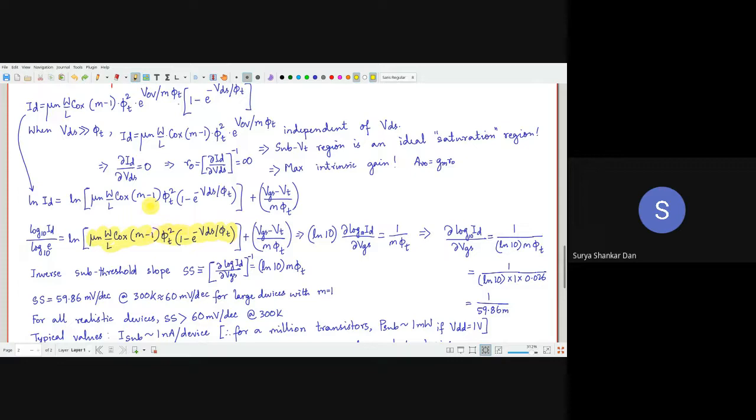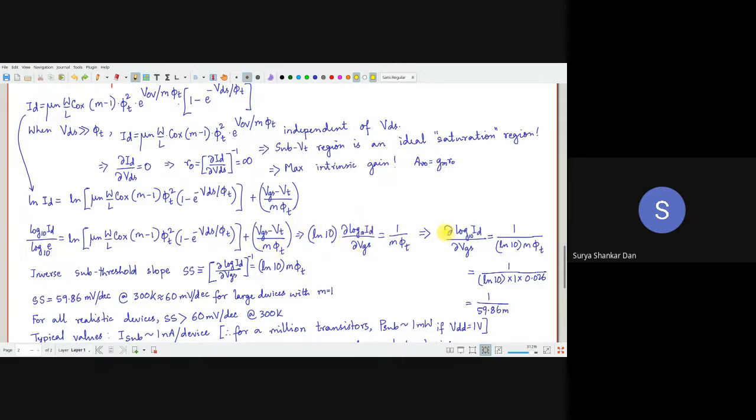This becomes equal to 0. This is the only VGS here, VT is again a constant. So if you are taking del VGS, then you are left with only 1 upon m phi t, this term here.